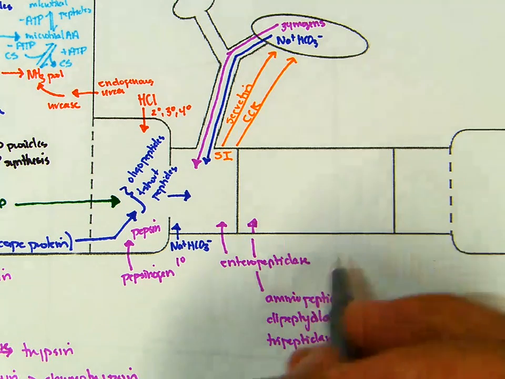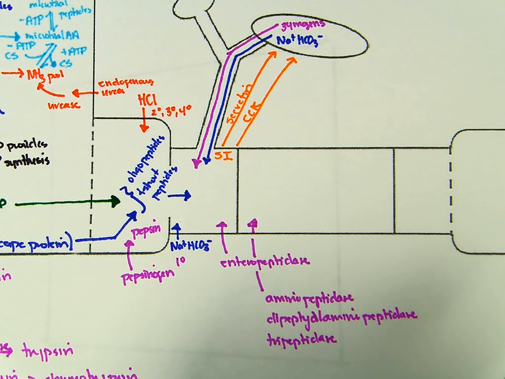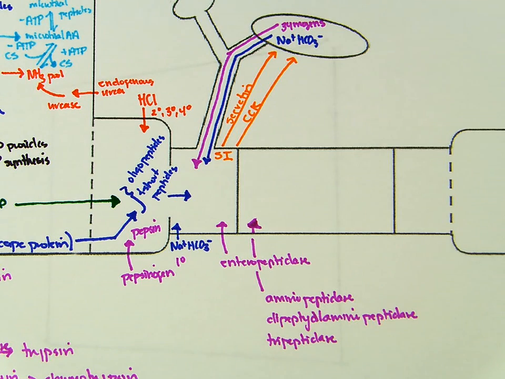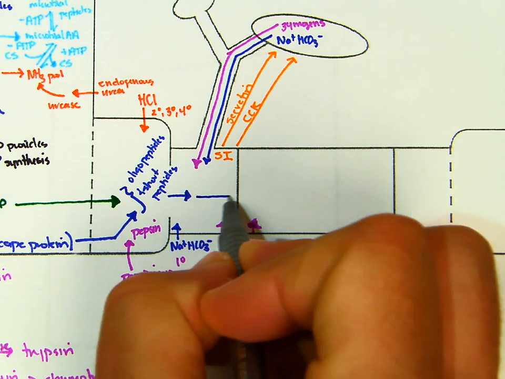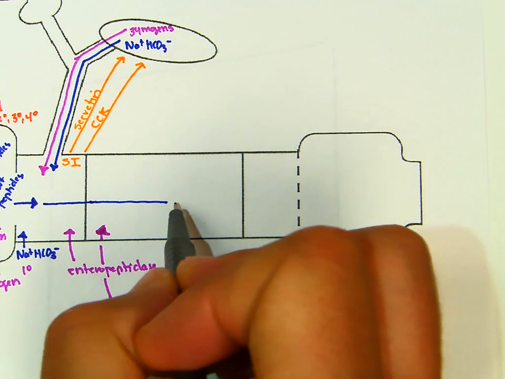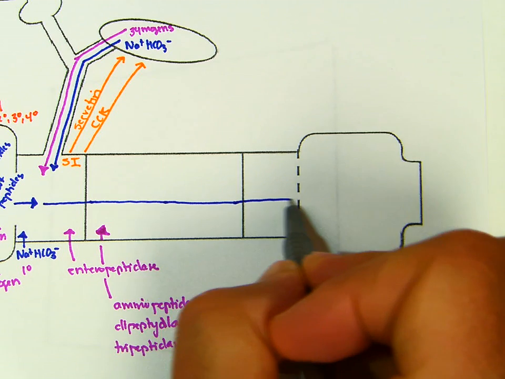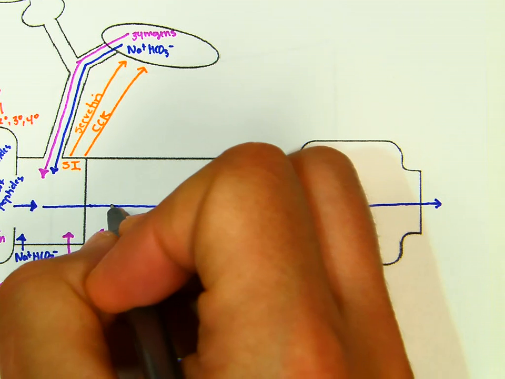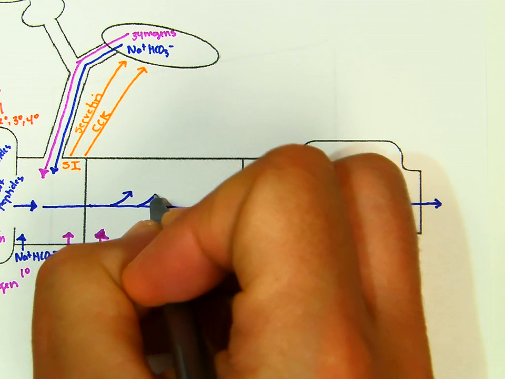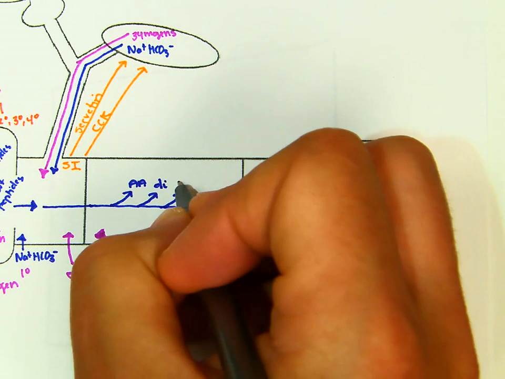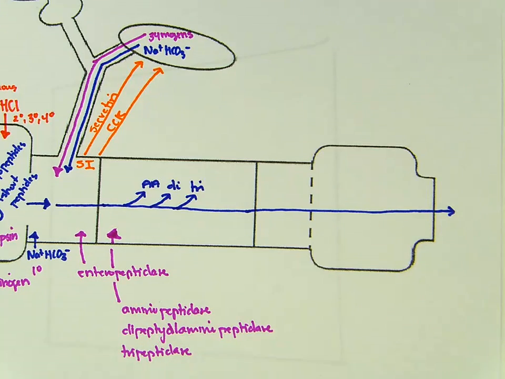And all 3 of these, just like every other enzyme we've listed today, is going to break peptide bonds and allow us to create the 3 products that are absorbed. And the 3 products absorbed from the small intestine are amino acids, dipeptides, and tripeptides.